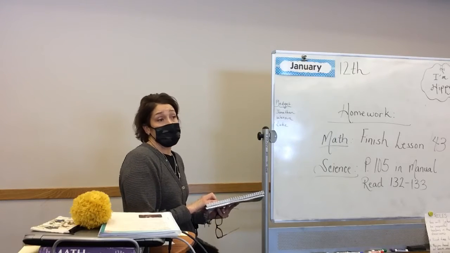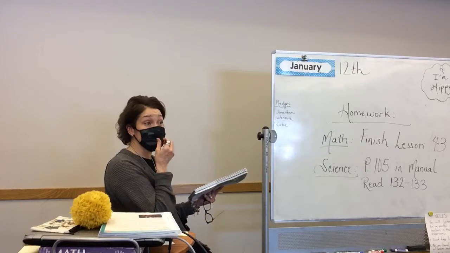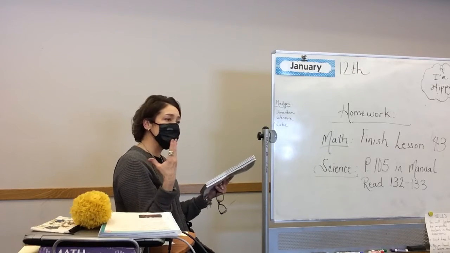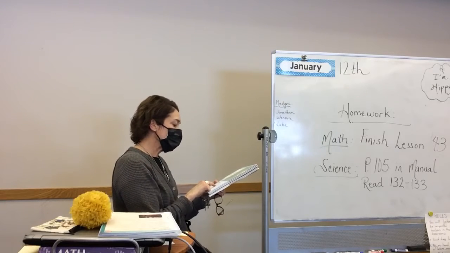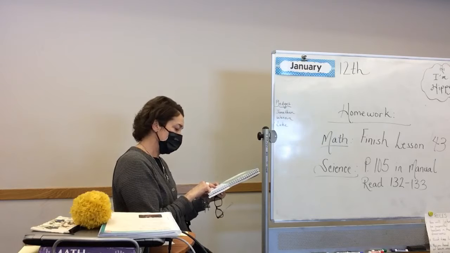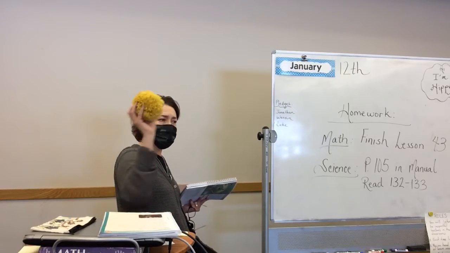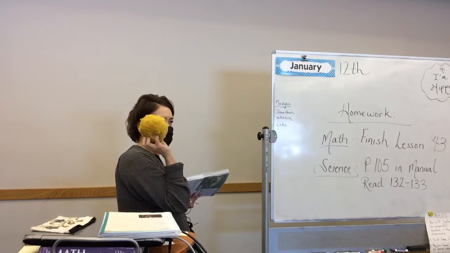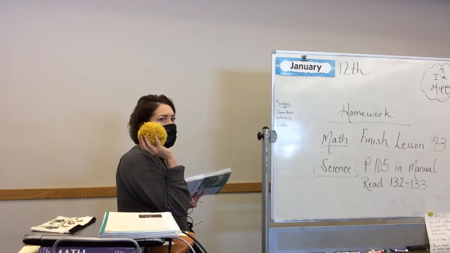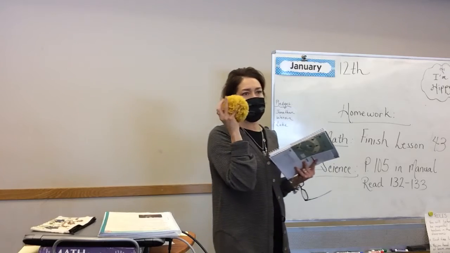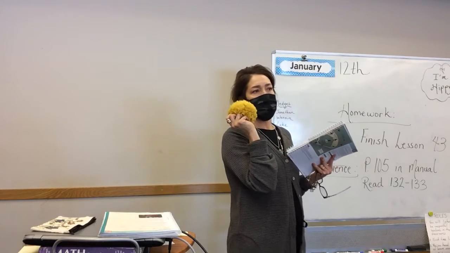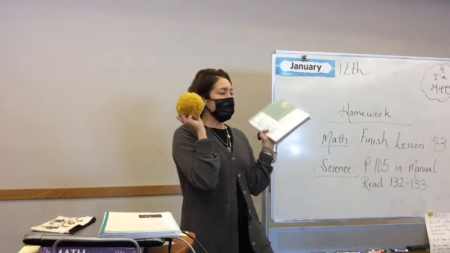You don't have to know this. It's not going to be on your test, but it's interesting. The greater the mass of the object, the more force is needed. So is there a lot of force needed to move this cute little puppy ball? No, because it's got very little mass. It's very small.